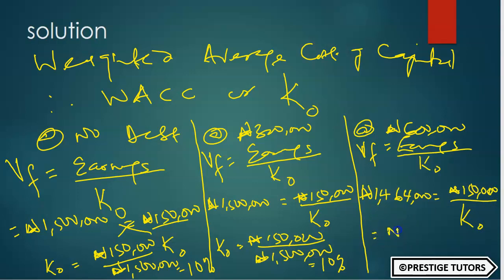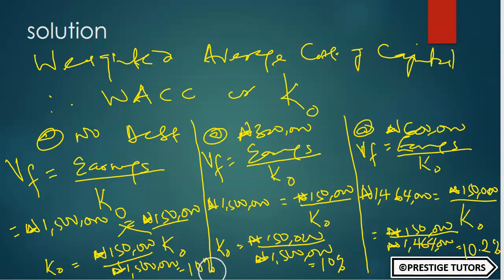So that gives us 150,000 over 1,464,000. So that's 10.2%.